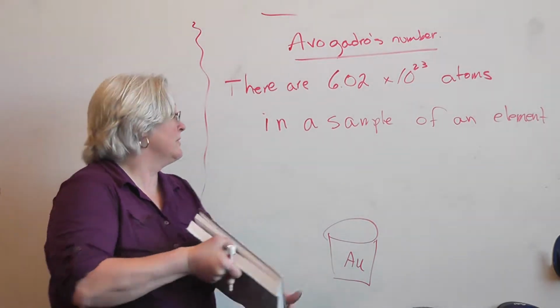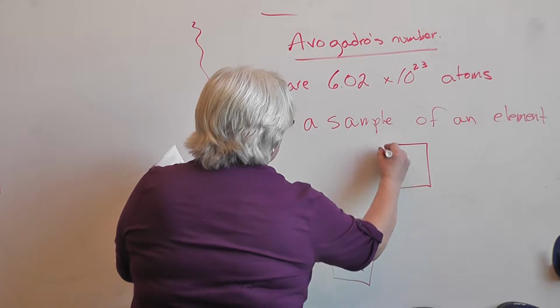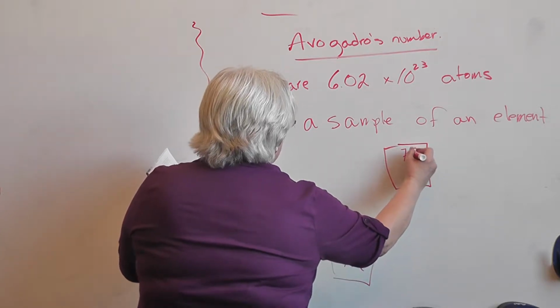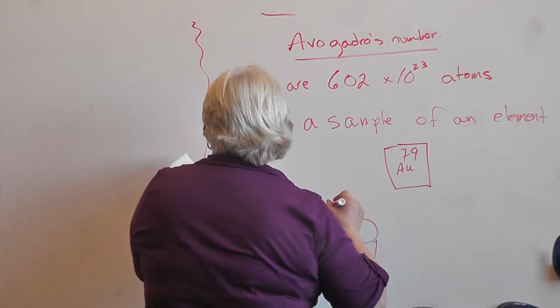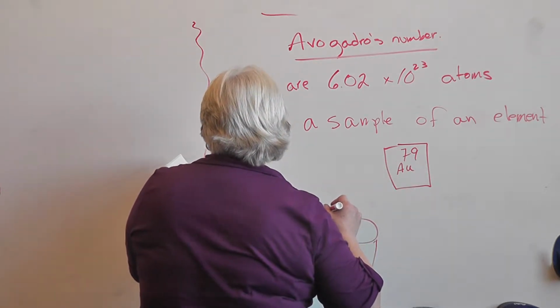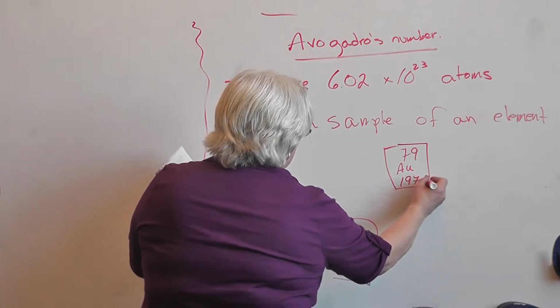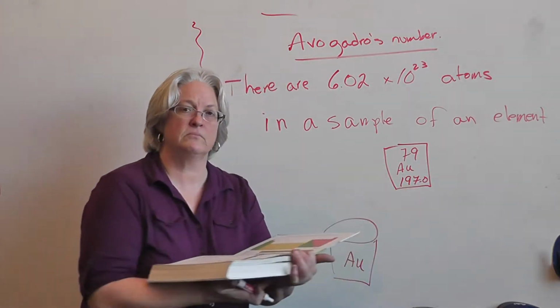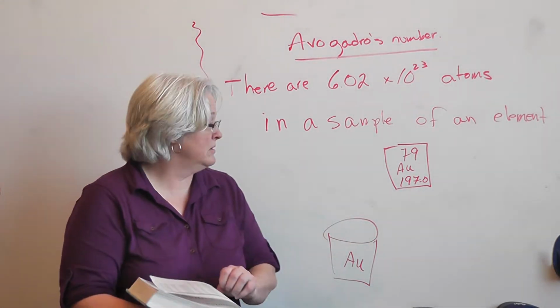The number that is right above the Au in your periodic table of the elements, that's its atomic number. Here's the symbol for it, Au, which is from the Latin for gold, and the number beneath it is 197.0. And that's what we call its atomic mass.